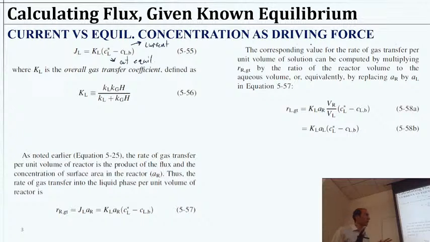There's probably some derivations you could find in the book, fleshing that out further. But essentially, we have a way to handle where this overall constant is coming from.